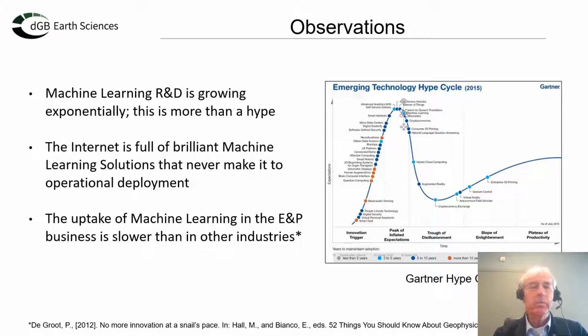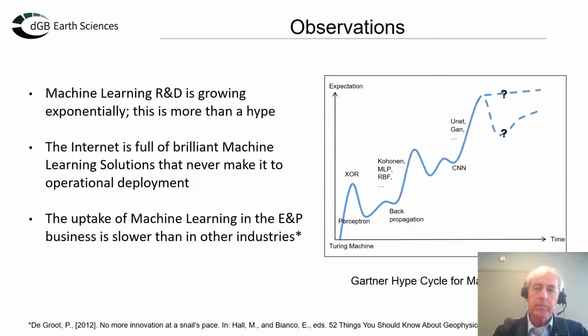Now this curve has been around for some time, and I think if we look at the curve for artificial intelligence / machine learning, then we are actually already in the third cycle of this curve. It started off with Alan Turing's paper in the 1930s about the Turing machine, and it was mainly theoretical at the time.